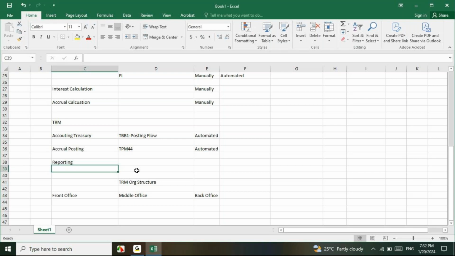Example, when you talk about banks, what are the banks offering? Let's say a bank is offering your current account, your fixed deposits, different kinds of term deposits, deposit notice, various loan products. These are called financial instruments. All those financial instruments are already available in the SAP TRM module. But if you see from the FI perspective, we have only GL.